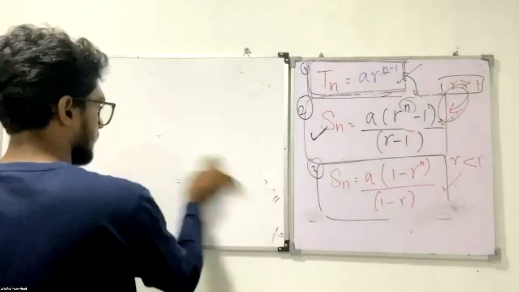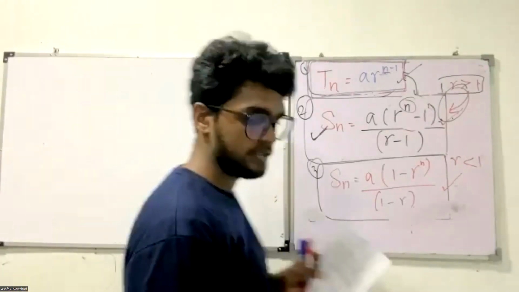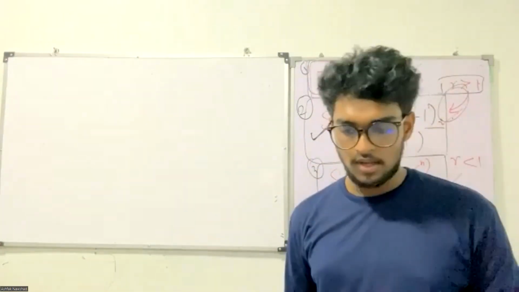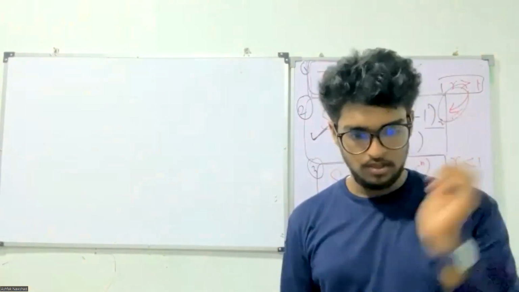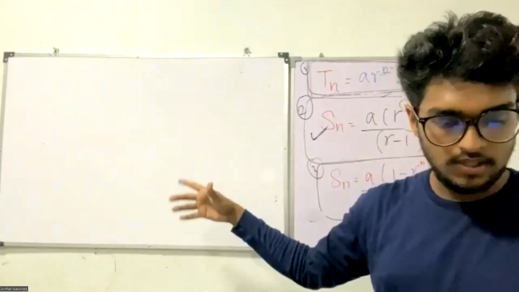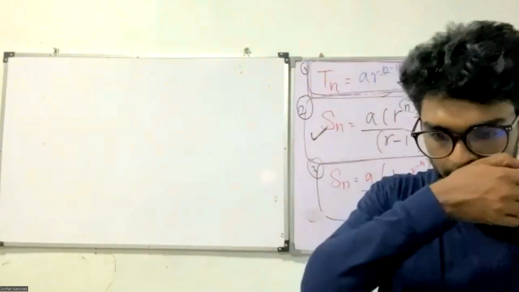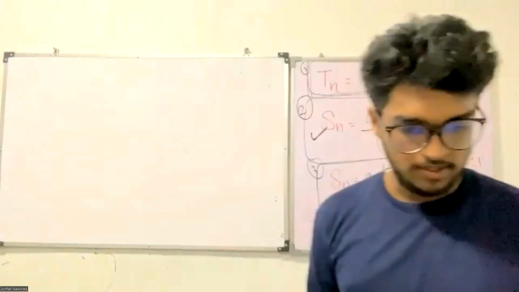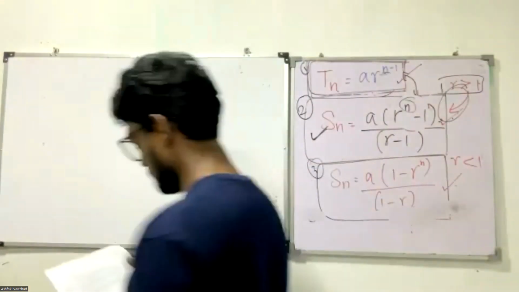This question involves quadratic equations. So if you aren't familiar with quadratic equations, you have to put up with us. Tomorrow you can learn quadratic equations in the second session.